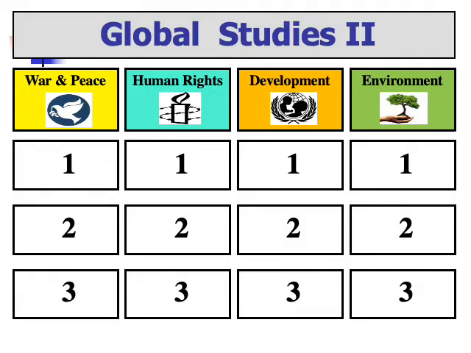For each of these major areas, we spend 3 weeks at Tottori University. 3 weeks on war and peace, 3 weeks on human rights, 3 weeks on development issues, hunger, poverty, and 3 weeks on environmental issues. So today, the activities and ideas that I'll be introducing come from our 3 weeks on human rights in the Global Studies 2 course. 1, 2, 3 solid weeks. We do a lot of activities. I'll be introducing some of these here for English language teachers.